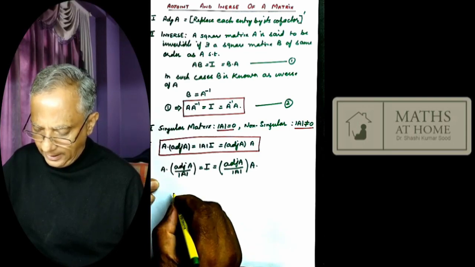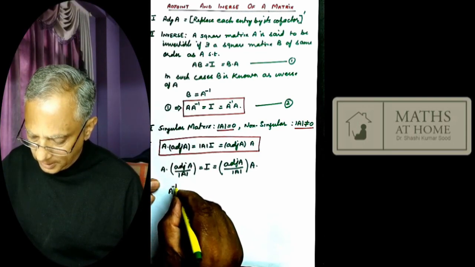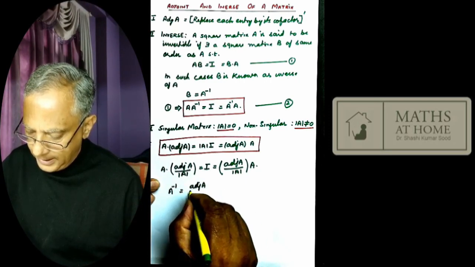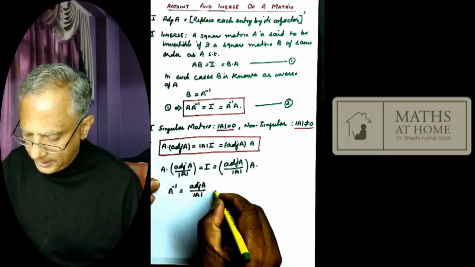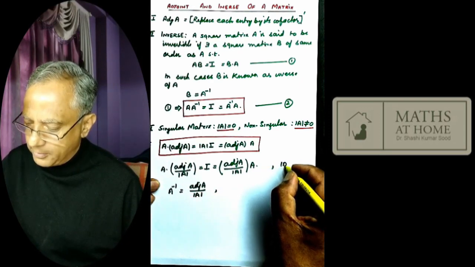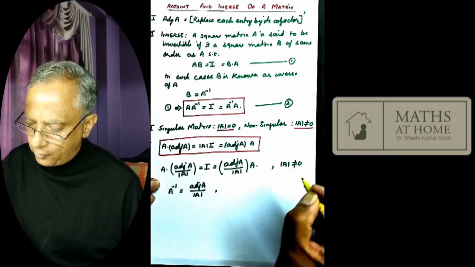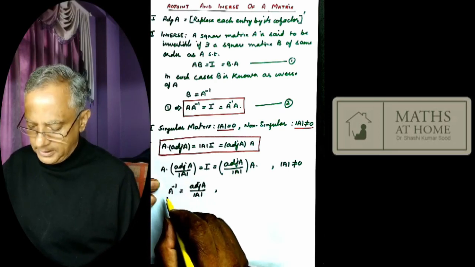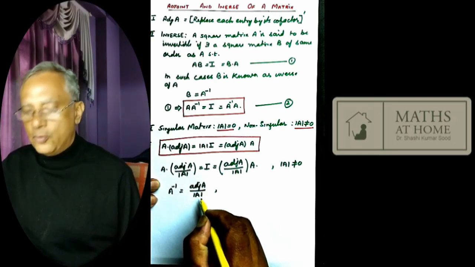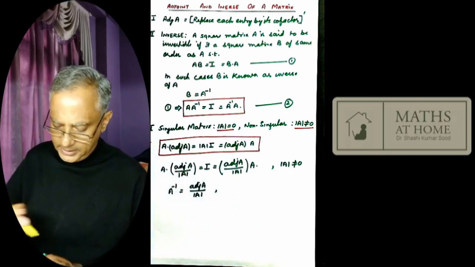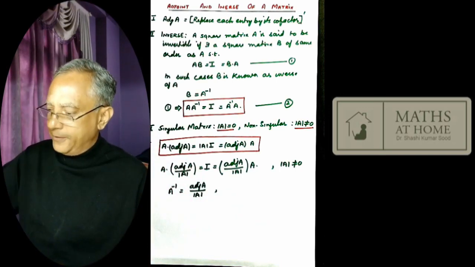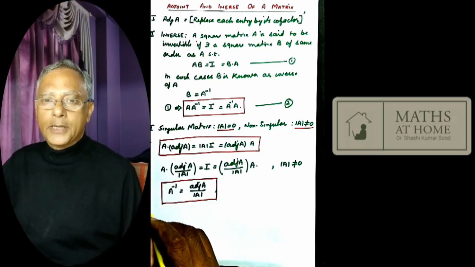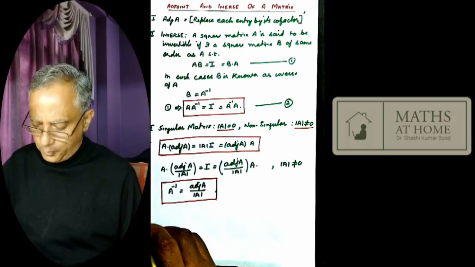That is, A inverse must be equal to adjoint of A over determinant of A. Here, since we are dividing by determinant of A, the determinant of A must not be equal to 0, because division by 0 is not possible. So A inverse is adjoint of A over determinant of A, and this is a very useful definition for solving numericals. I discuss two more properties.